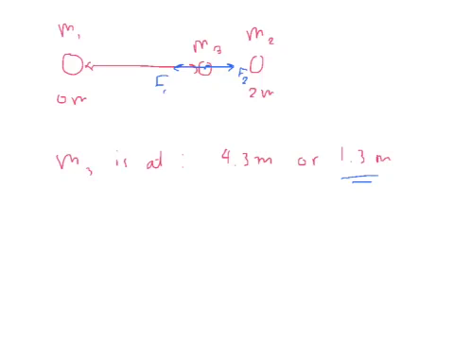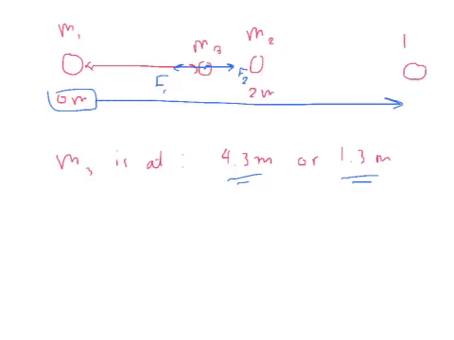On the other hand, if M3 were at 4.3 meters from 0, that would put it all the way out here. M3, here's our other option. Here's the first possibility, here's the second, right? And if that's where M3 is, then is it in equilibrium? Do the two forces F1 and F2 cancel out?